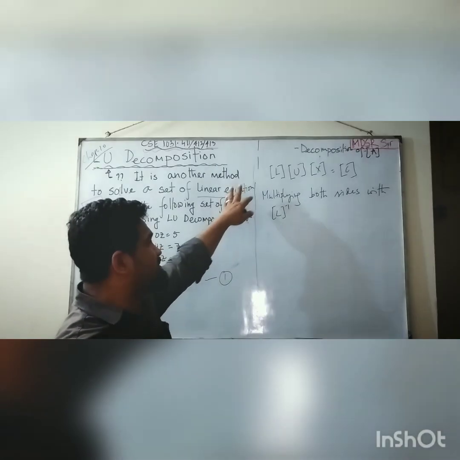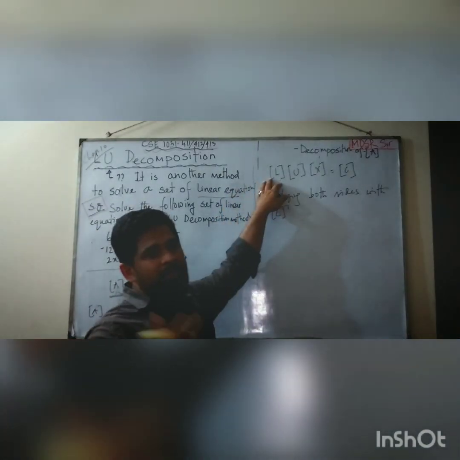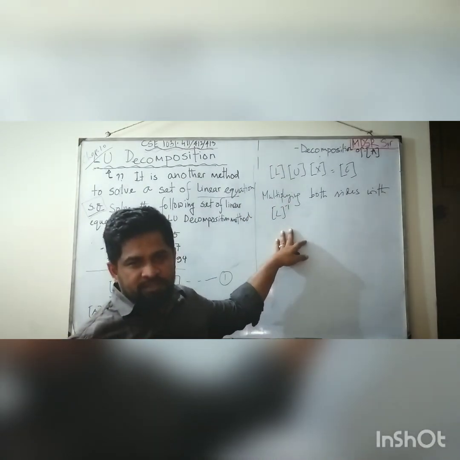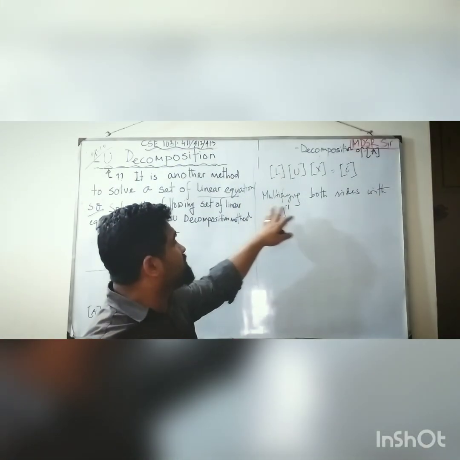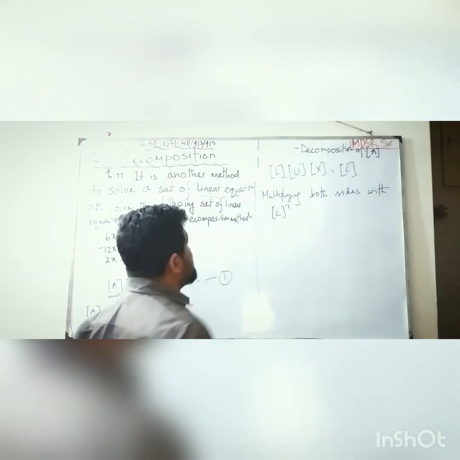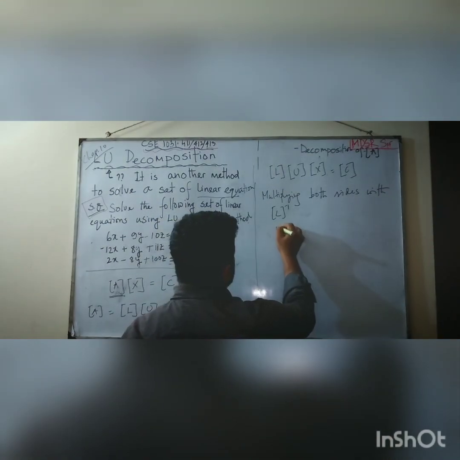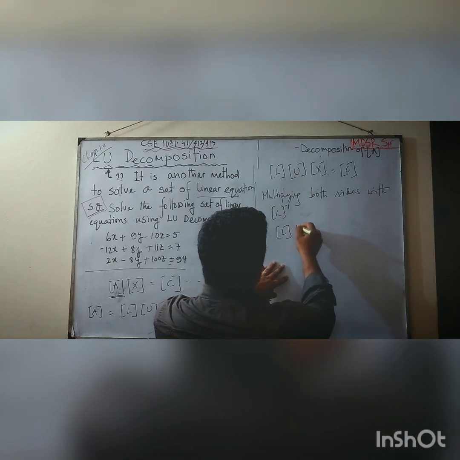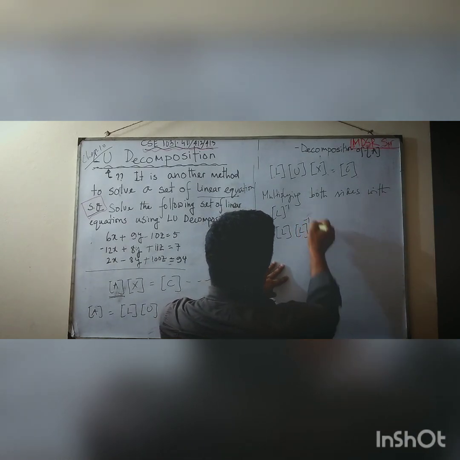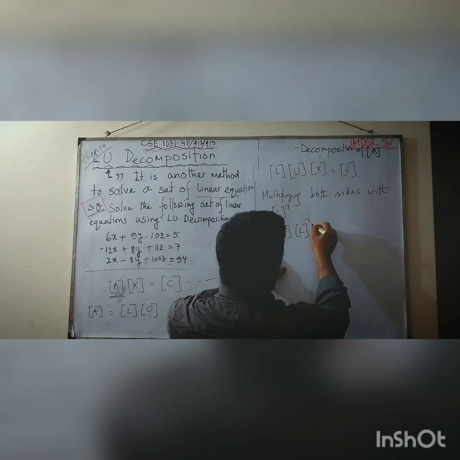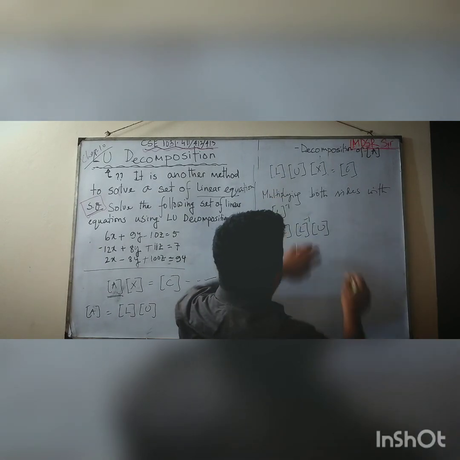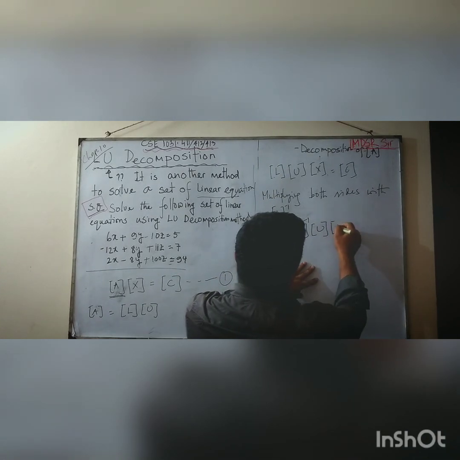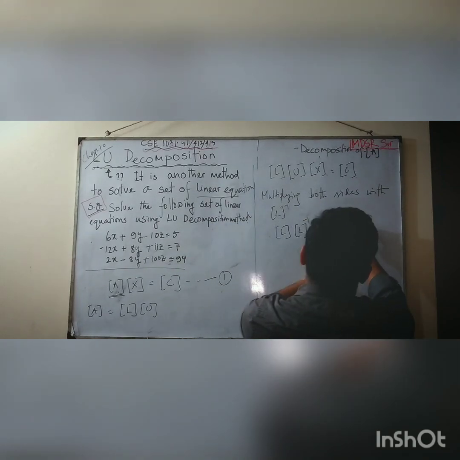For now, any matrix multiplied by its inverse gives the identity. So multiplying both sides with L inverse, we get L inverse L, then U X, equal to C into L inverse.